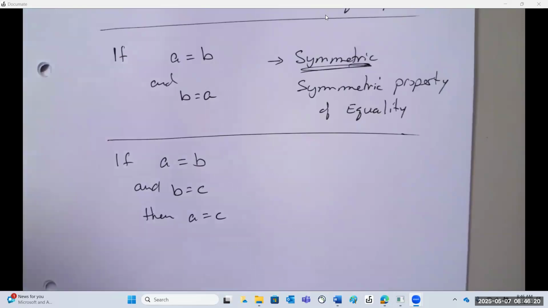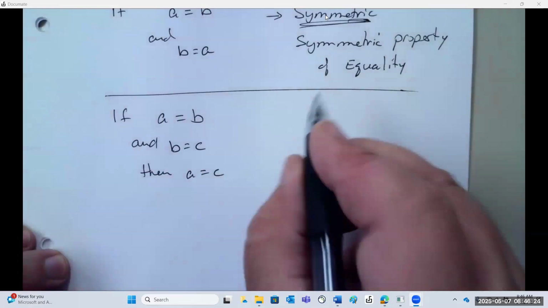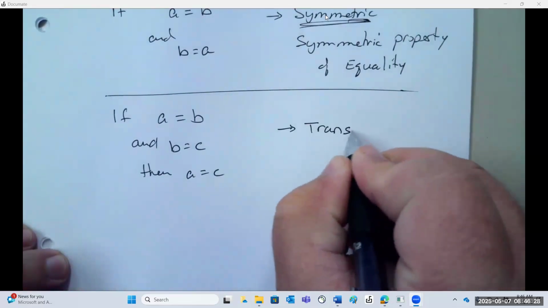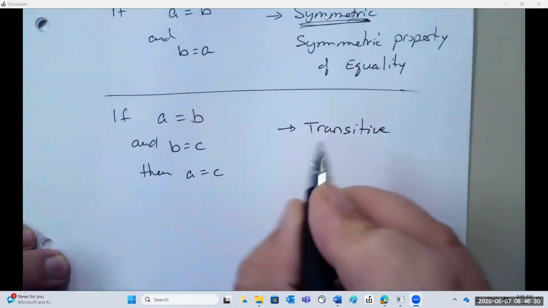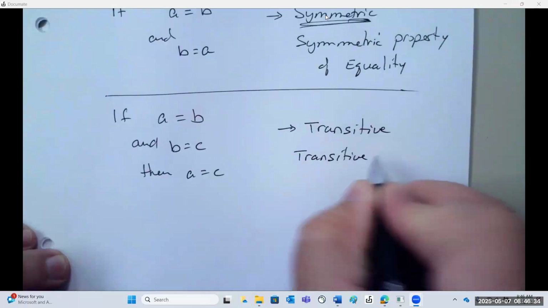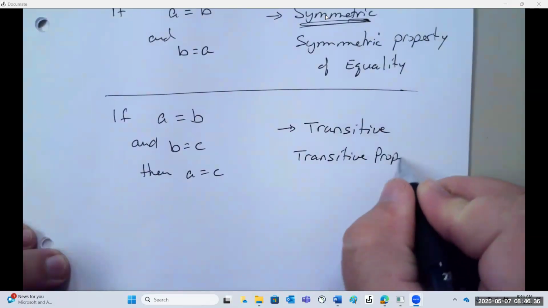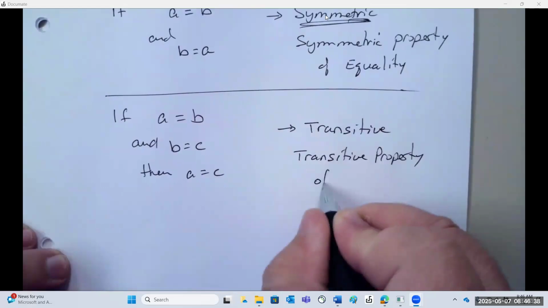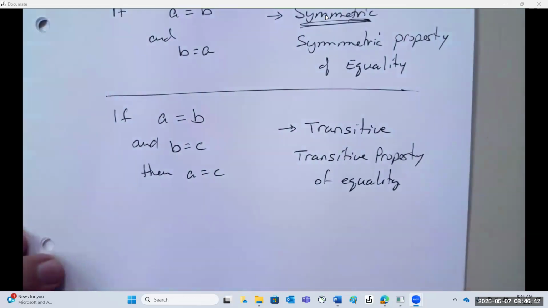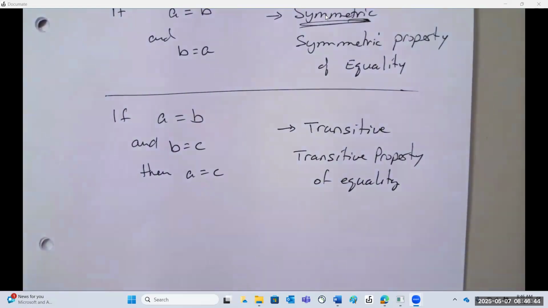If A equals B and B equals C, then A equals C. That's called the transitive property, or the transitive property of equality. There's different ways we can look at how things are equal to each other.